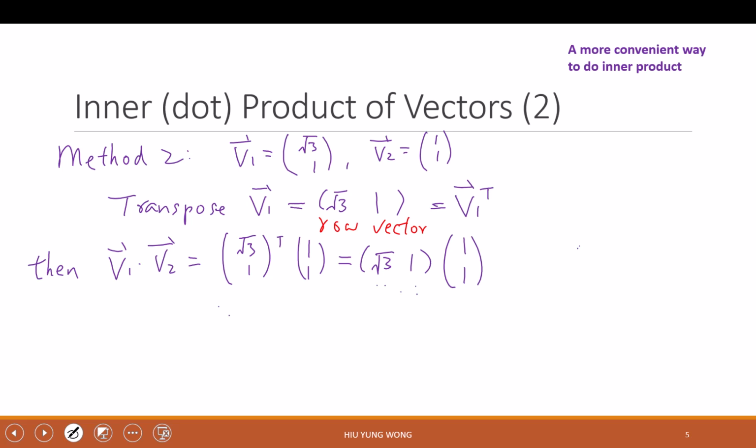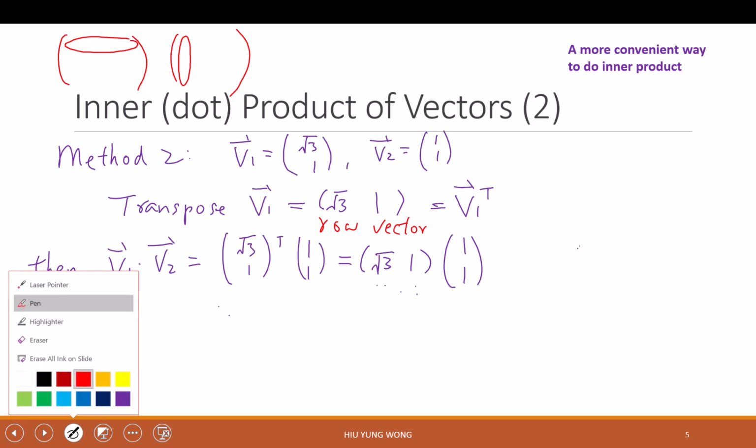Now, do you still remember how to do matrix multiplication? Some of you might have forgotten, right? I have two matrices. I multiply this row with this column, then I get the first element. If you forgot, we will show you slowly in the future, but for now, take it for granted.